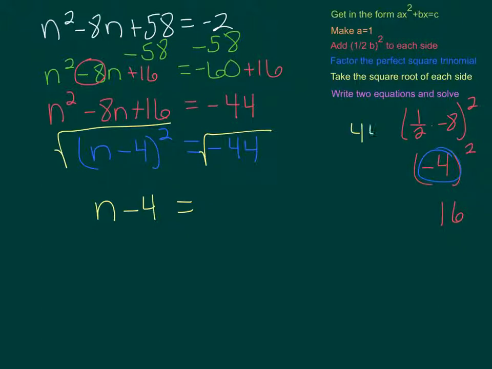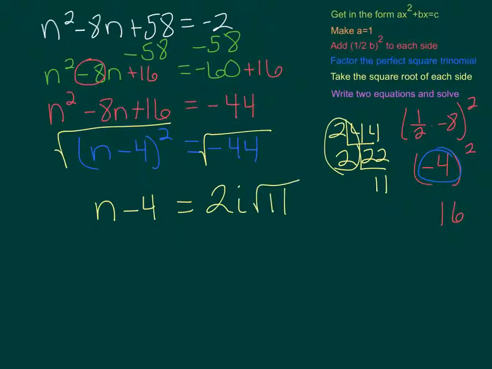So if we have 44, that would be 2 times 22, 2 times 11. So a pair of 2's come out. Because it's negative, we also need to pull an i out to take care of the negative. And then we have 11 that stays in. And then remember, the square root always has 2 possibilities, the positive or the negative.